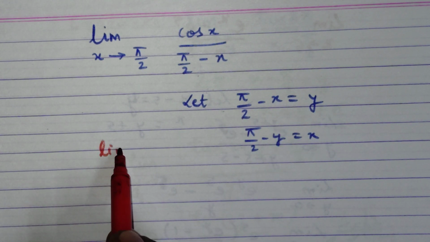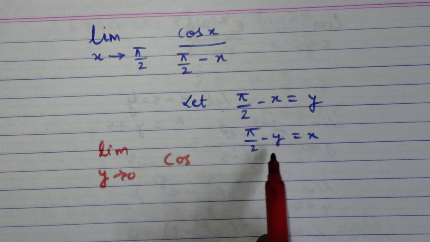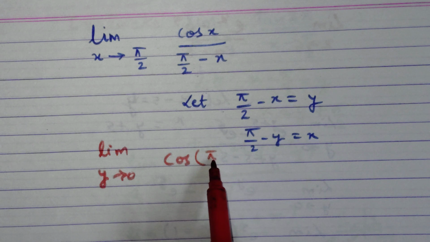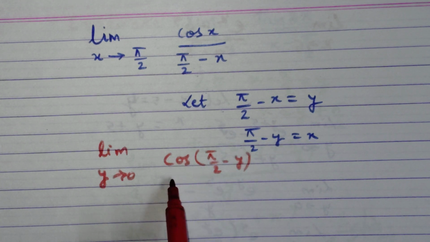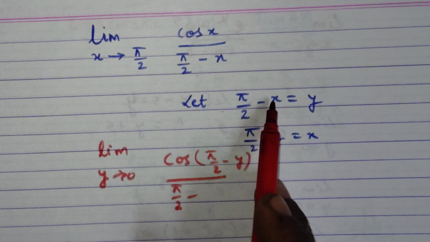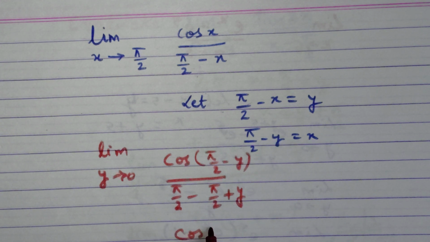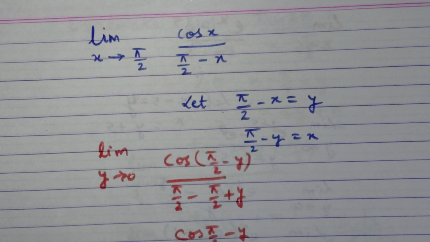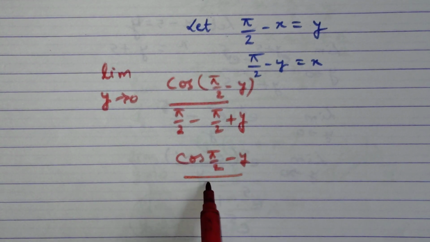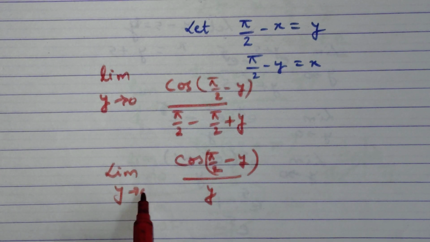So we can change the limit to y tends to 0, and cos x is written as cos(pi by 2 minus y). Similarly pi by 2 minus x is written as pi by 2 minus (pi by 2 minus y), so y with changed sign. So cos(pi by 2 minus y) over y will be left when limit is y tends to 0.